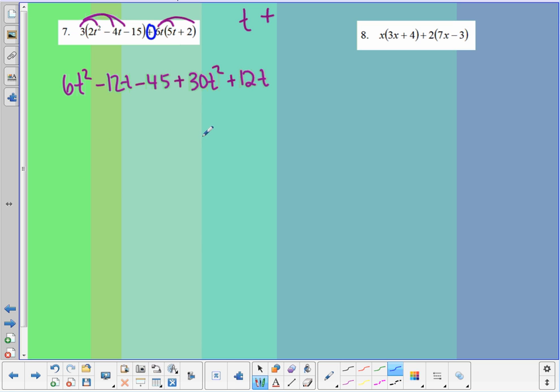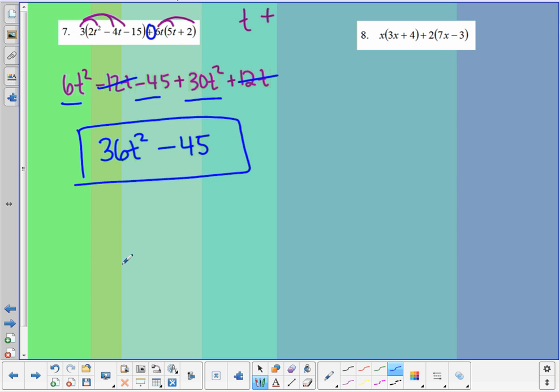I'm going to look for my like terms. I have a 6t squared and a 30t squared. Putting those together is 36t squared. Then I have the t's. I have negative 12t and positive 12t. Those actually are 0. Negative 12 plus 12 is 0, so those cancel out. Then the only other thing I have left is the minus 45, and that is my simplified expression.